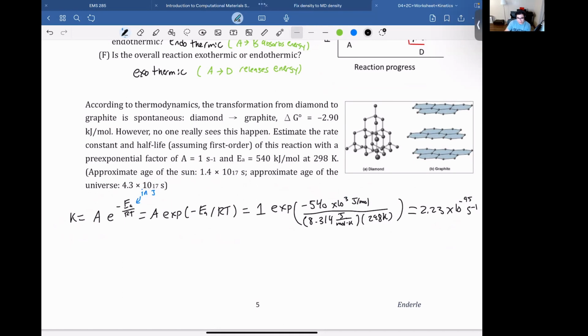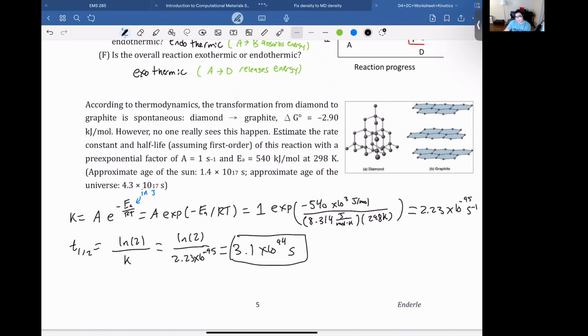Very small. Right, and then when you calculate the half-life, we have ln of 2 divided by k. So finding the half-life here, we're just plugging in k, negative 95. 3.1 times 10 to the 94th seconds when you plug it in.